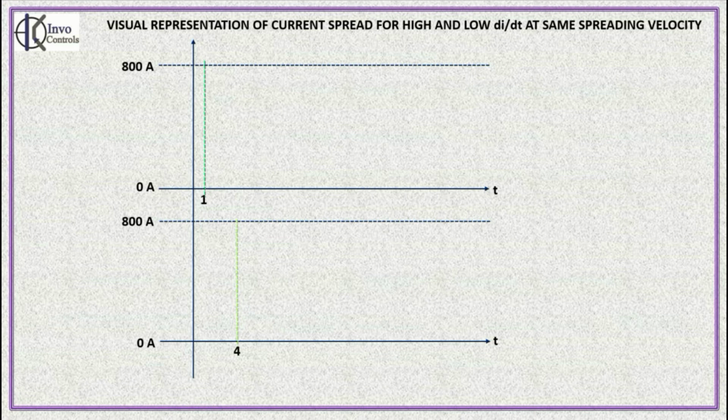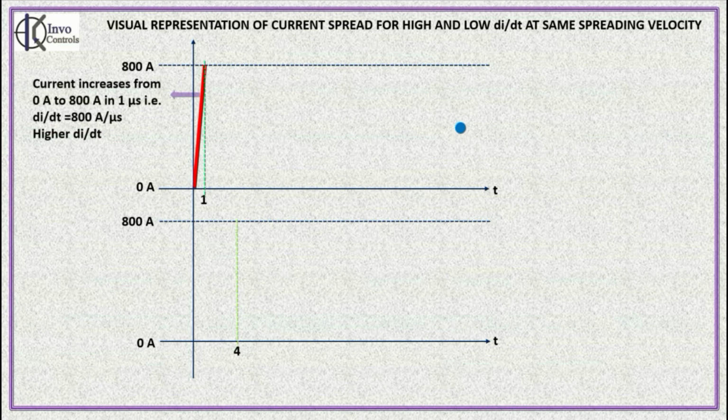Let us consider an example to elaborate the di by dt concept. Observe the figure carefully. We shall assume that the SCR is connected in a circuit having high di by dt of 800 amperes per microsecond. Due to high di by dt, anode current reaches 800 ampere in lesser time, specifically 1 microsecond in our case.